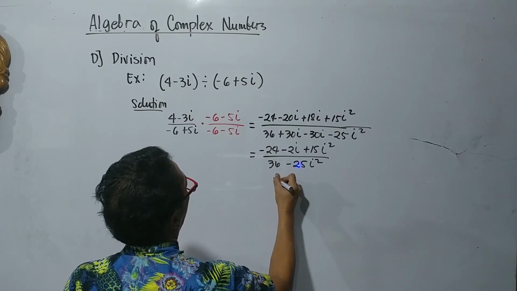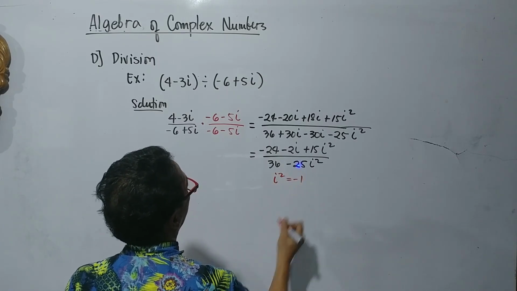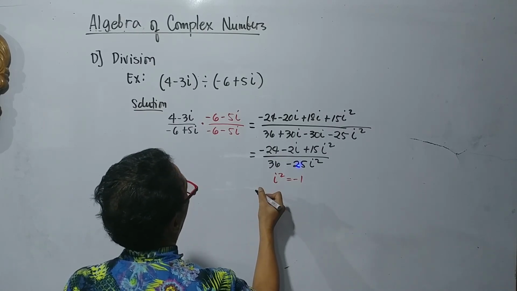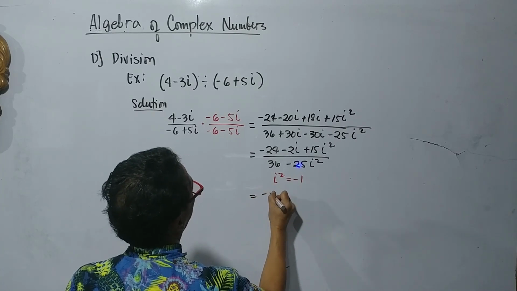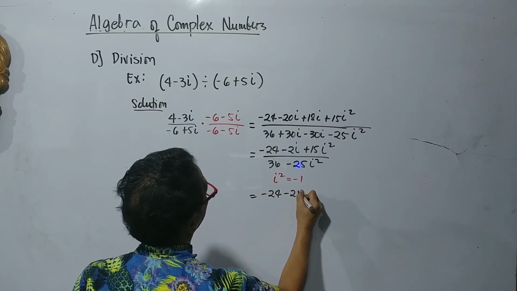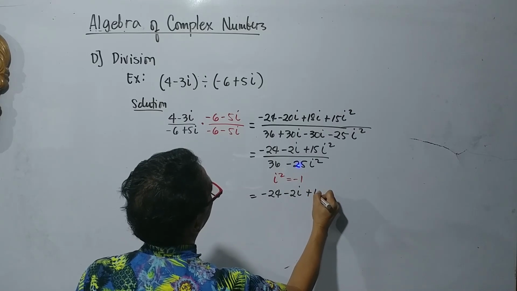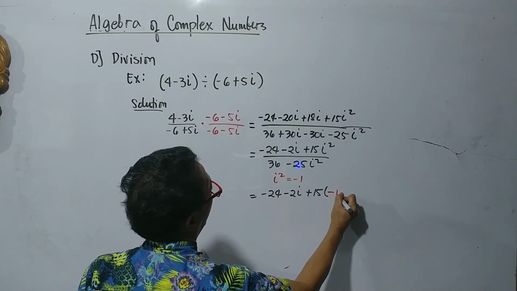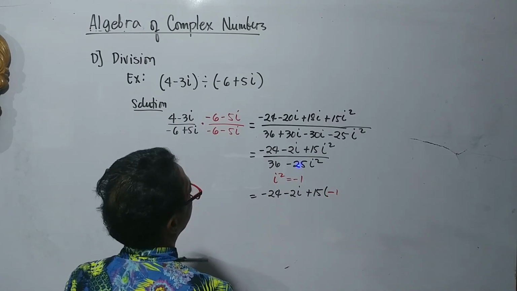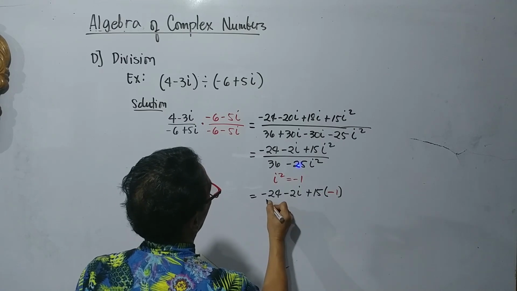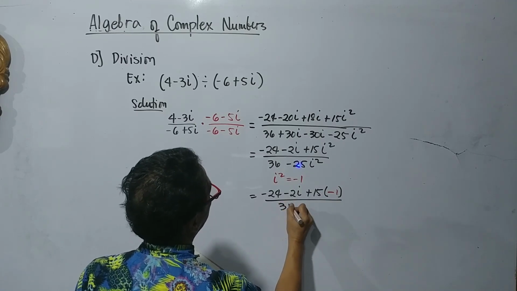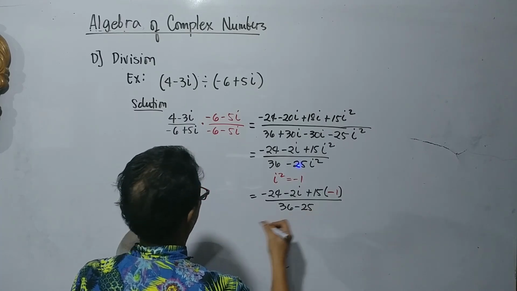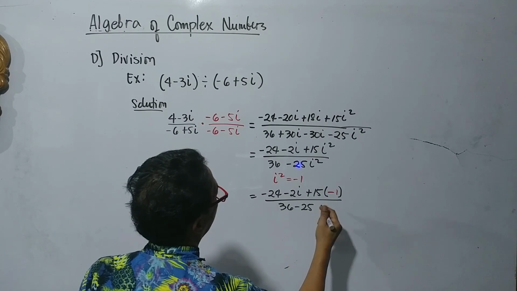Again, i squared equals negative 1. Then substitute it there. So we have negative 24 minus 2i plus 15 times negative 1 over 36 minus 25 times negative 1.